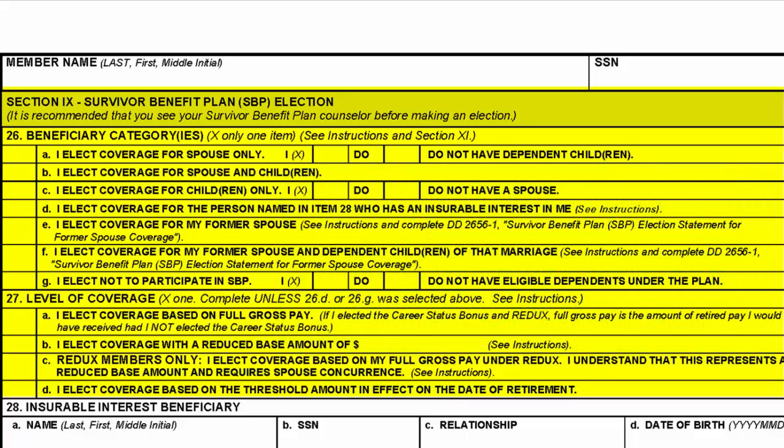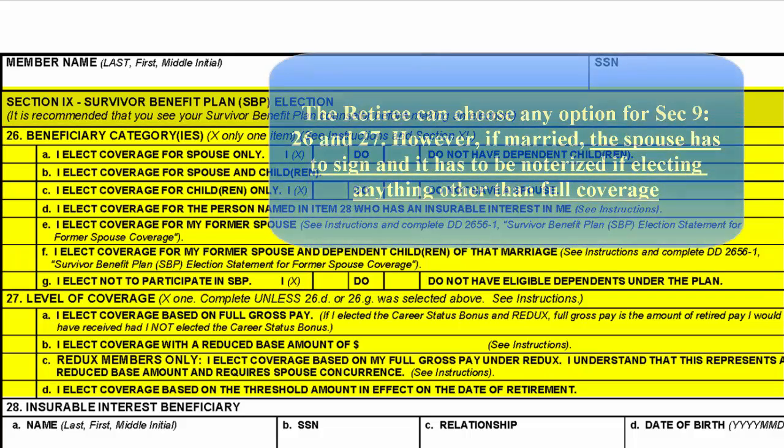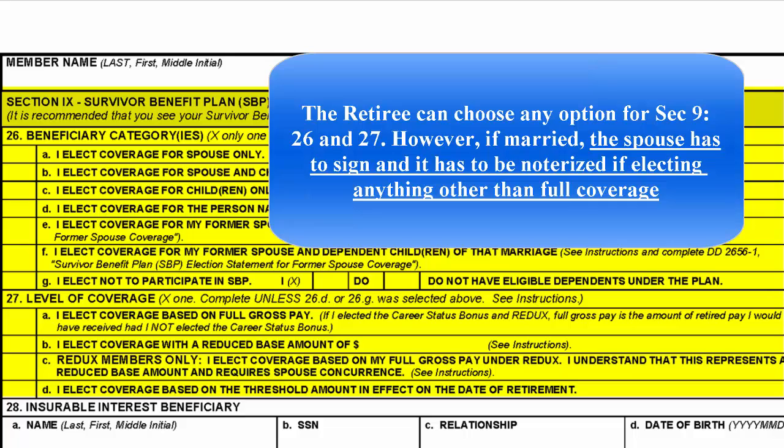This is where you will elect who you would like to have coverage and the coverage amount. In Section 9, 26 Beneficiary category, you have options A through G. The retiree is eligible to make whatever decision they desire. However, if you are married, your spouse will have to sign if you elect not to have coverage.